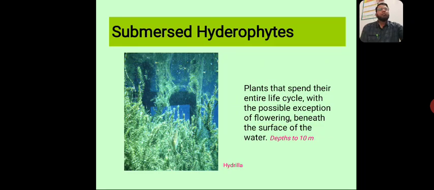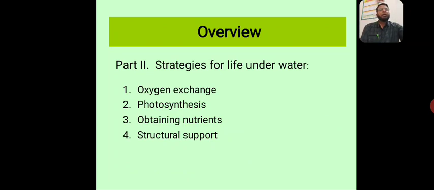Then submerged hydrophytes: plants that spend their entire life cycle, with the possible exception of flowering, beneath the surface of the water. So the entire plant is under the water.